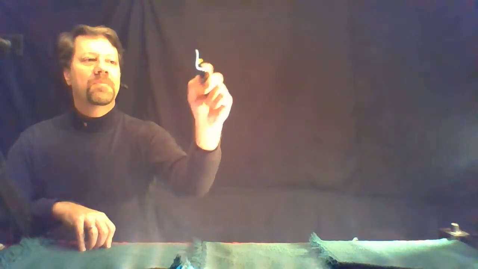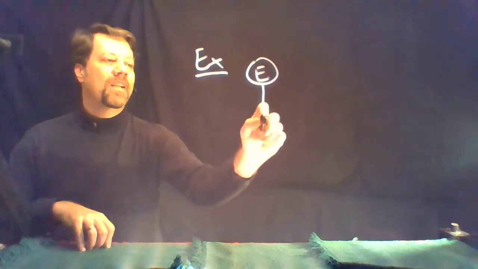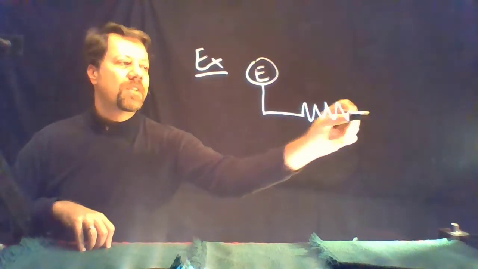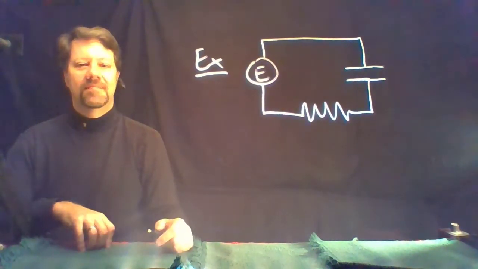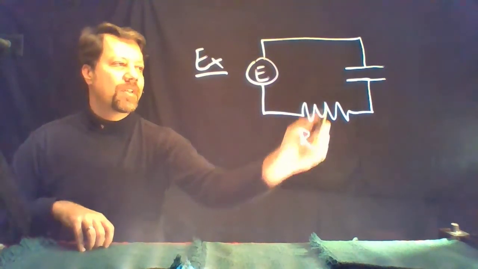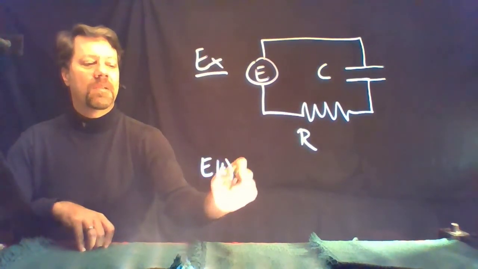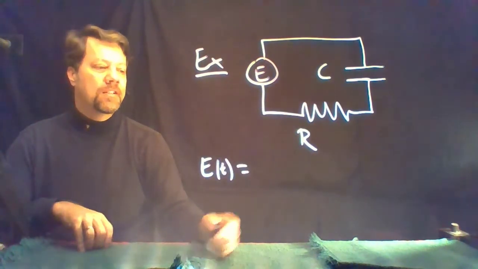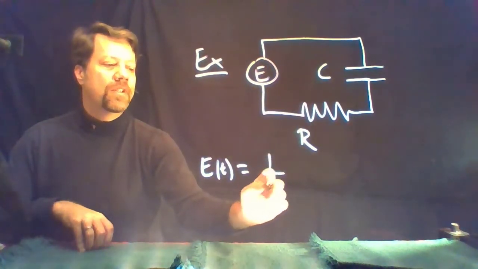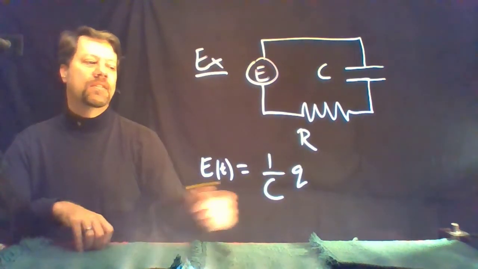As another example, suppose we have some electromotive force we apply here, some resistance, and then a capacitor. Again, you have resistance and capacitance. The electromotive force that's applied has to be countered by the voltage drops. For the capacitor, the voltage drop will be 1 over C times Q, where Q is the charge.